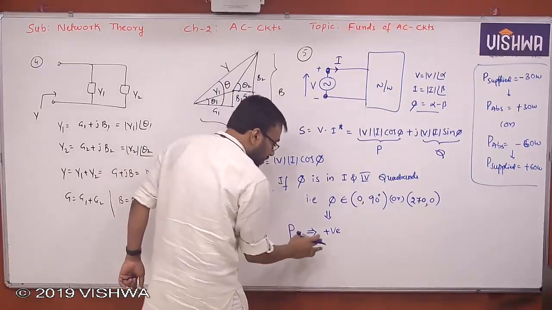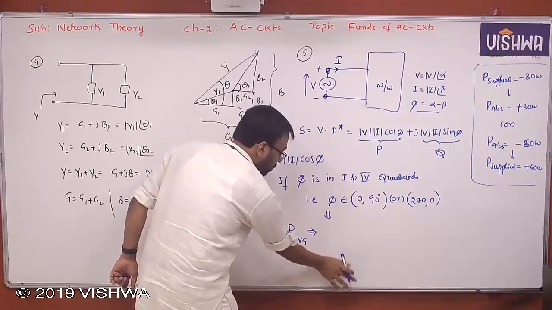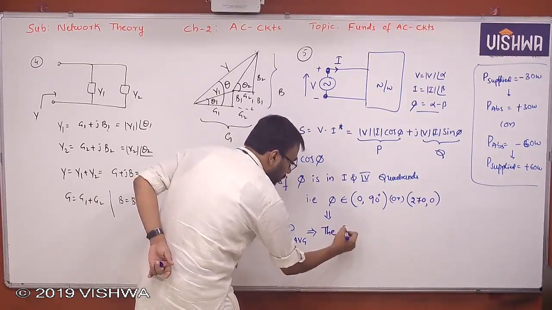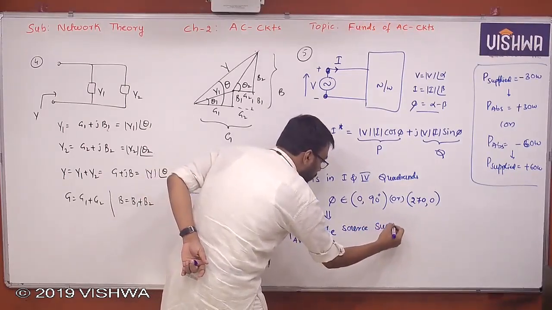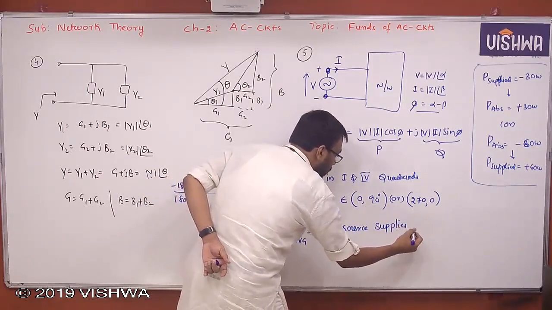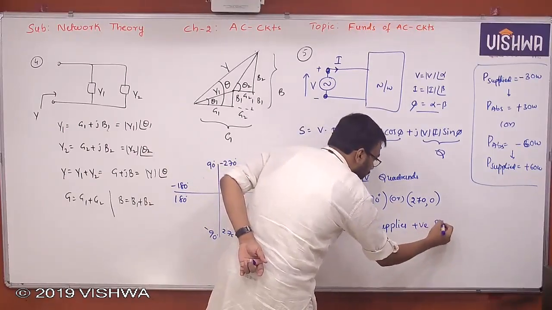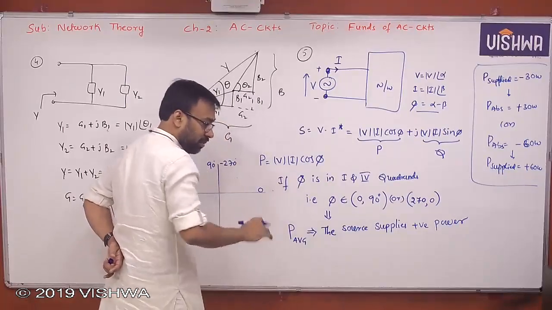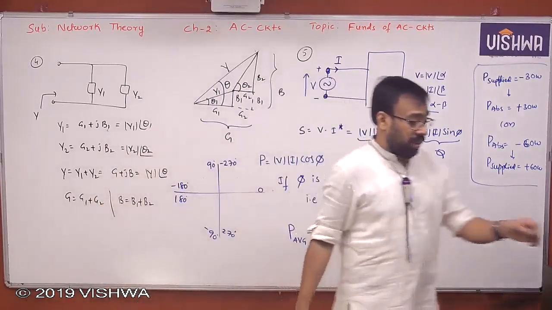That means the source supplies or delivers positive power, or it absorbs negative power. You always need positive power. Yes or no, all of you? Okay. This is the first important one to be observed.